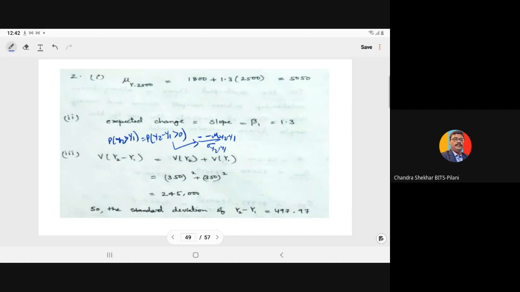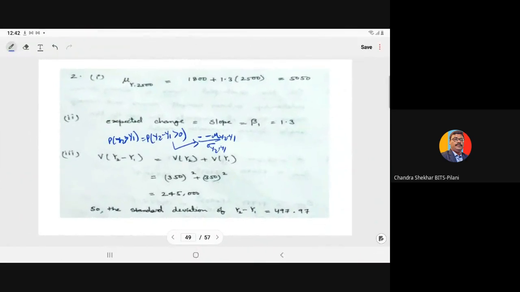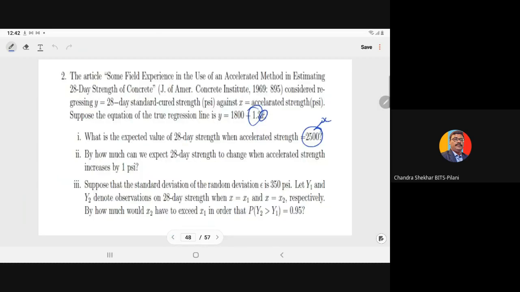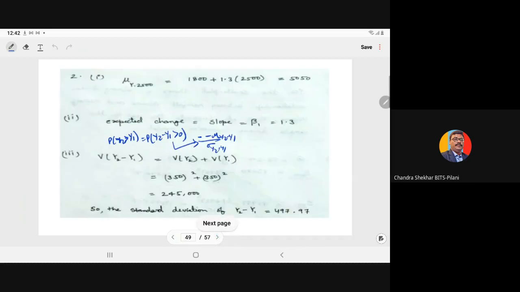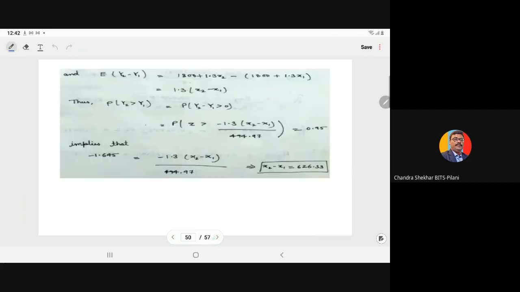In the question, the standard deviation is given as 350, so its square will be the variance.